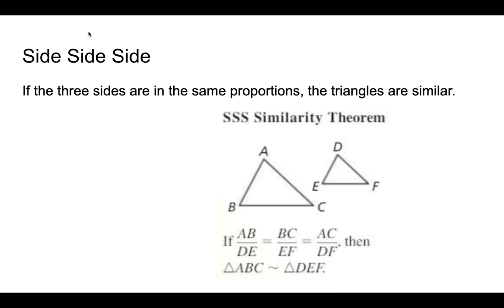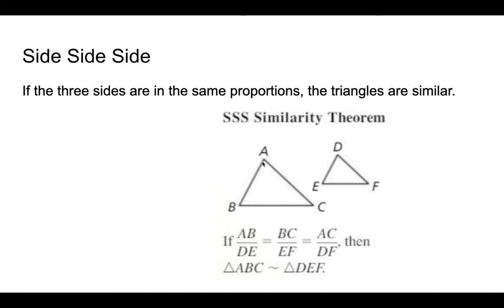Another one is side-side-side. Now side-side-side is a little different than how we saw it before. Before we said all the sides had to be exactly the same. Now, something about these sides does have to be the same, but it's the proportions of these sides that have to be the same. Now, remember, proportions are fractions.